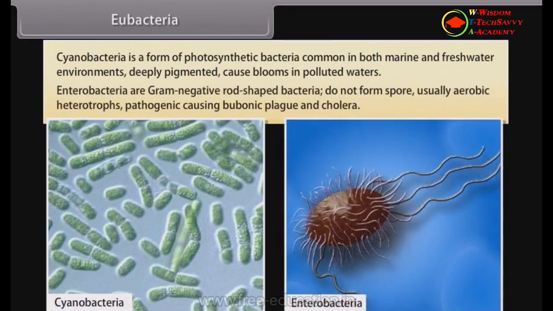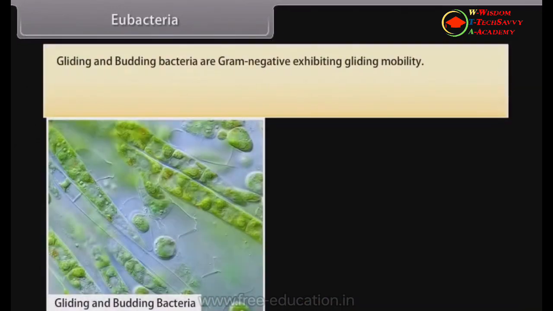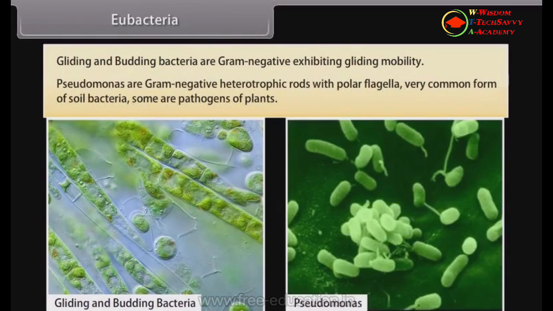Enterobacteria are Gram-negative rod-shaped bacteria, do not form spores, are usually aerobic heterotrophs, and are pathogenic, causing bubonic plague and cholera. Gliding and budding bacteria are Gram-negative, exhibiting gliding mobility. Pseudomonas are Gram-negative heterotrophic rods with polar flagella, a very common form of soil bacteria.